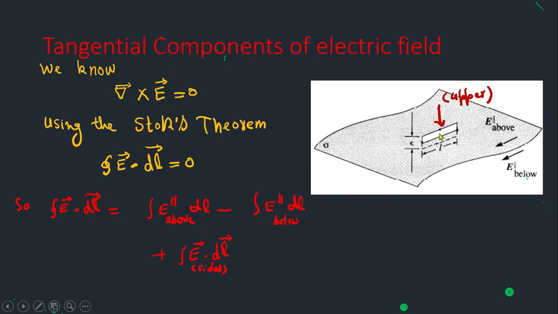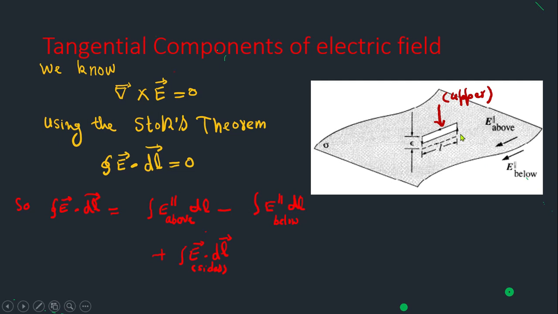And for the lower side, this can be written as minus integral E parallel dl. In this case, the electric field and length element are in opposite directions, because the electric field is from right to left, and the length element has the direction from left to right. Therefore a negative sign arises here.